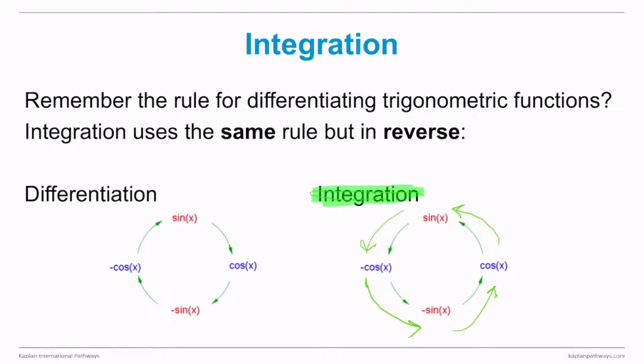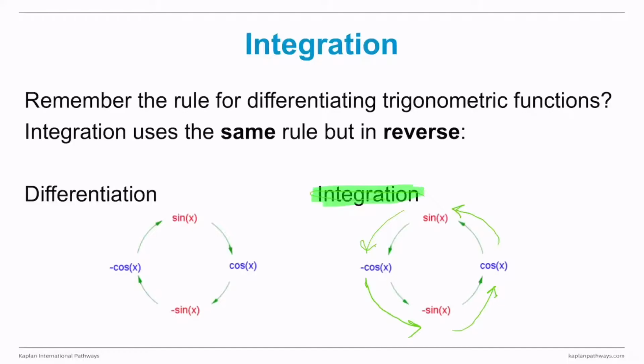So the integration of the sine is minus cosine, integration of minus cosine is minus sine, and you carry on with the circle. So these are two ways, and there is another way in the next slide.